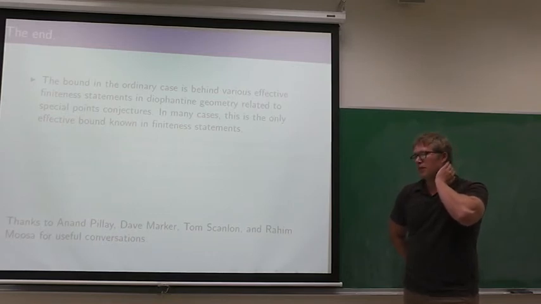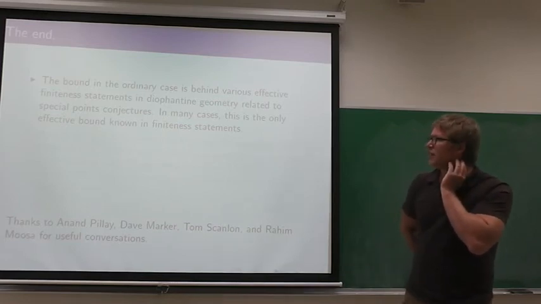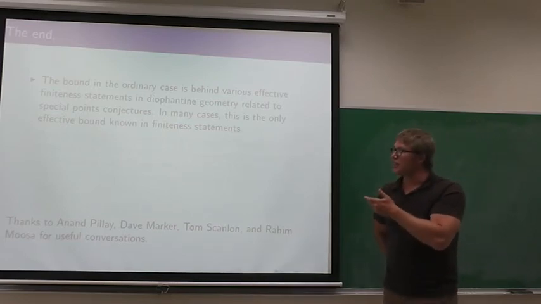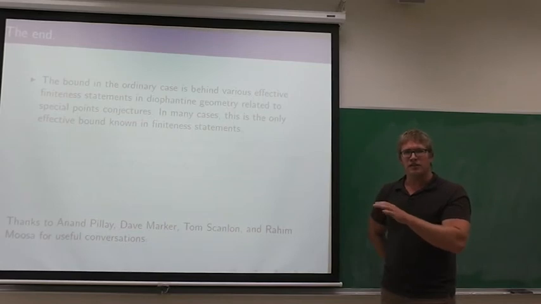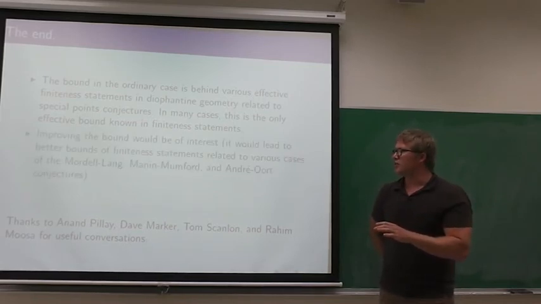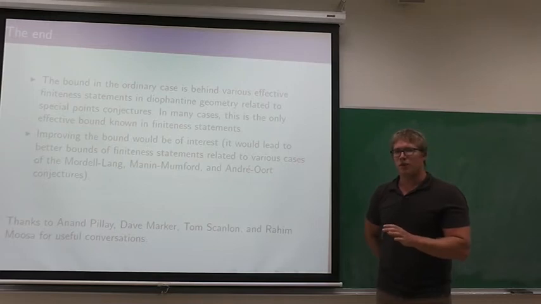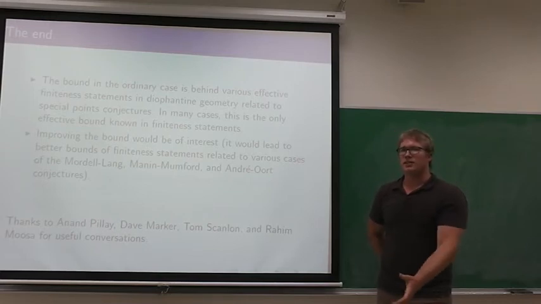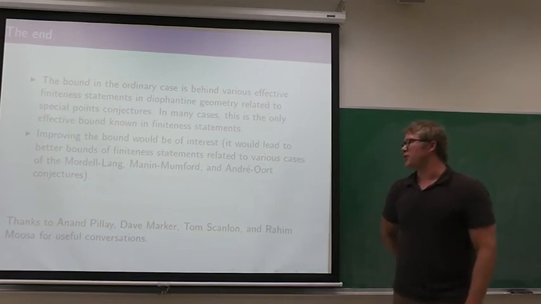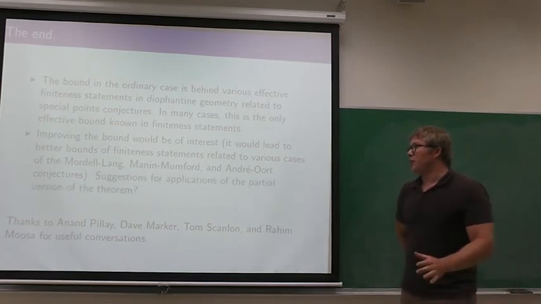In many function field cases of conjectures in Diophantine geometry, this technique is really the only way that there are effective results. So if you improve the bound, you would improve various finiteness bounds related to number theoretic problems. You could just read off the better bound and then substitute in that particular situation, but I don't know a better bound.